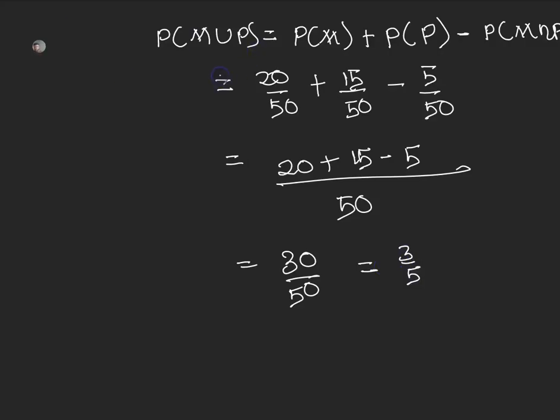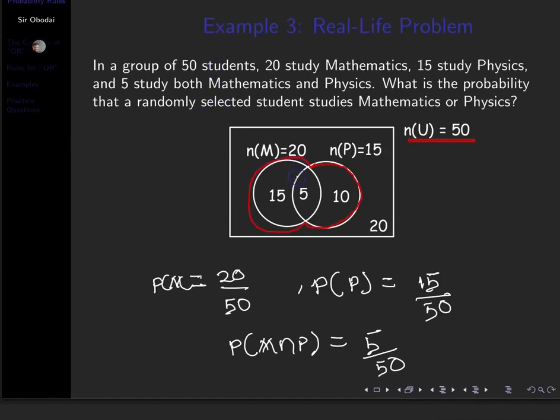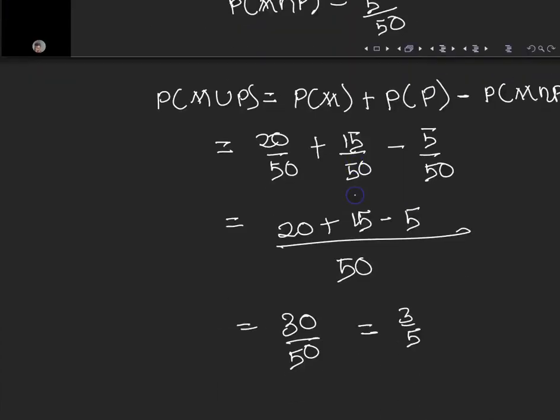This is using the formula. But assuming we just wanted to look at it straight away, based on our Venn diagram, you see this shape I've done over here? That is the region we are focused on, the maths or physics. This is the red region over here. So this red region, we add 5 to 15, giving us 20 plus 10. That is 30.